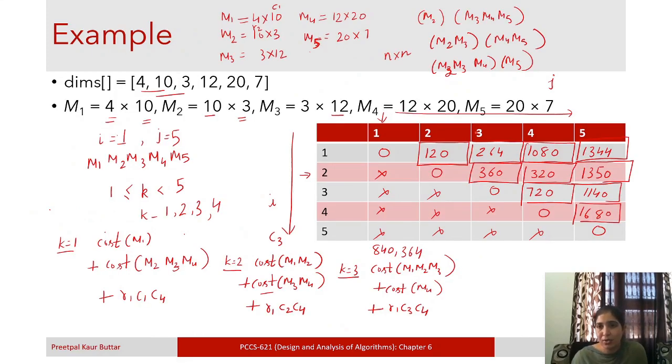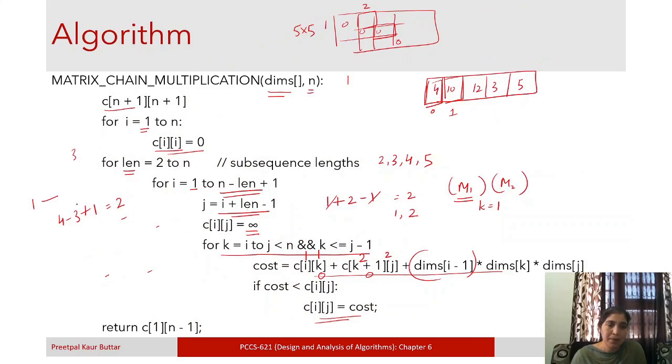Here we can see it should vary 3 times: 1 comma 3, then 2 comma 4, then 3 comma 5. n is 5, sorry. So it will run 3 times, 1, 2 and 3. These will be the values of i, and j will be i plus length minus 1. When i is 1, j will be 3. Similarly here it will be 4, and it will be 5 here.